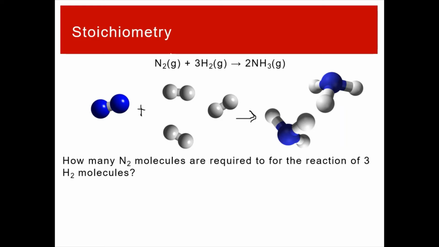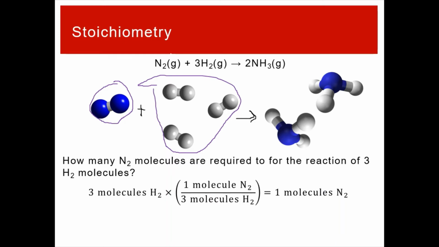Okay, so how many N2 molecules are required for the reaction of 3 H2 molecules? Well, if we just visually inspect this, we can count 3 H2s, and that's going to react with the 1 N2. So we would expect 1.